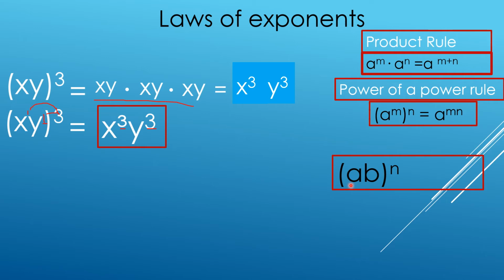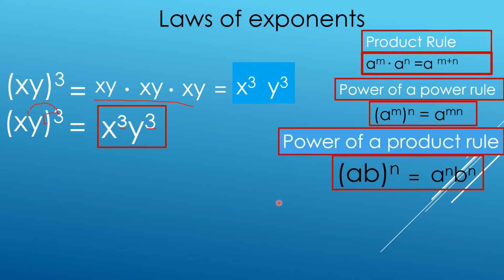This is a product. That is equal to a raised to n times b raised to n. Whatever the exponents are here, multiply them with the exponent outside. That is what we call the power of a product rule.